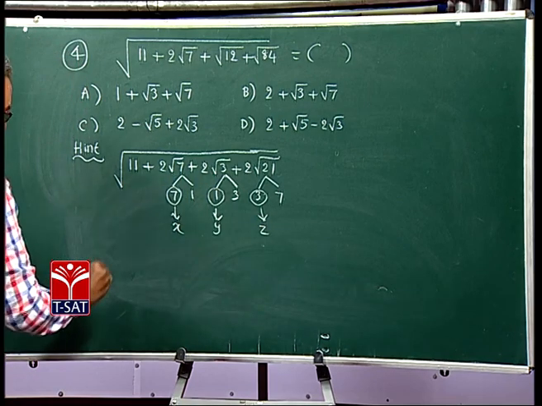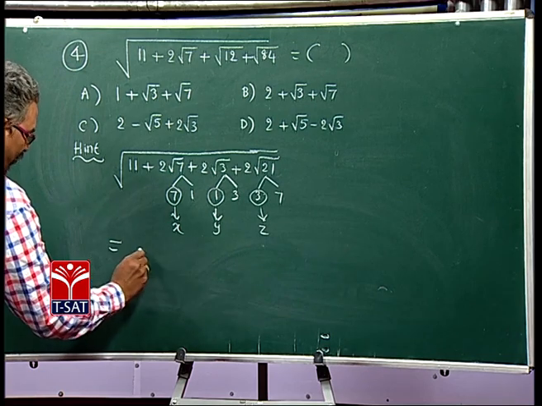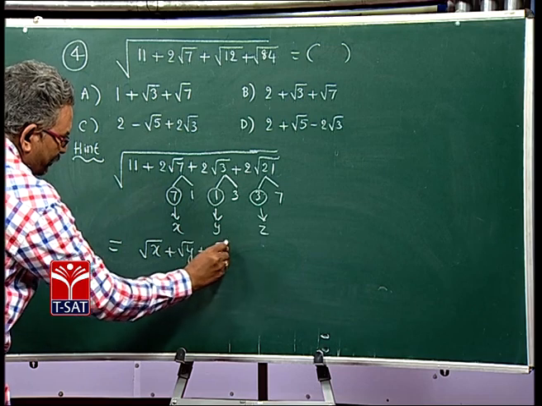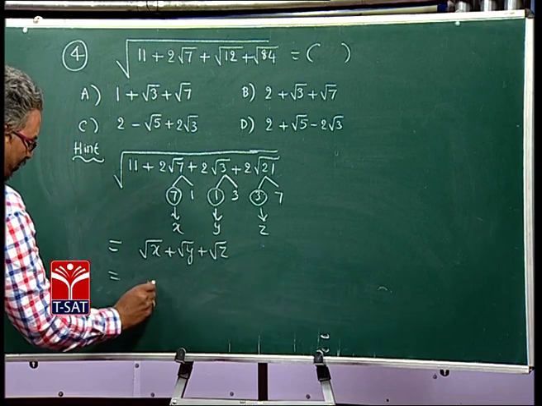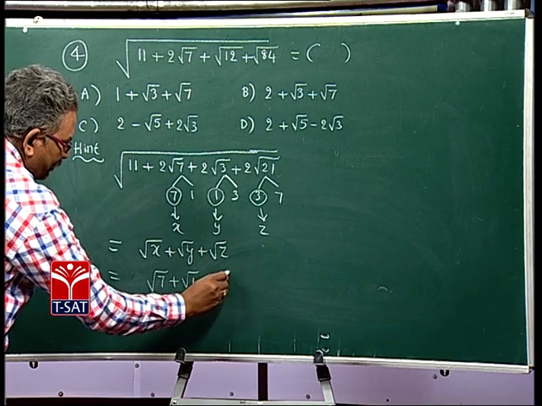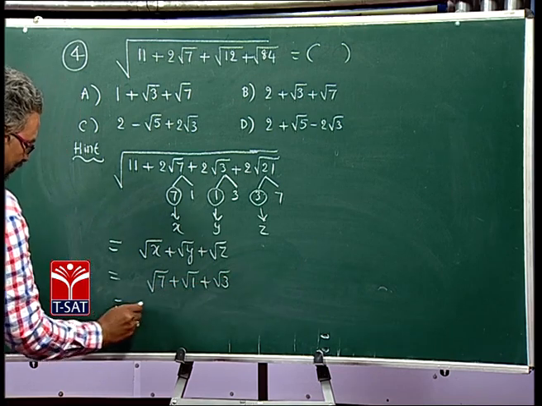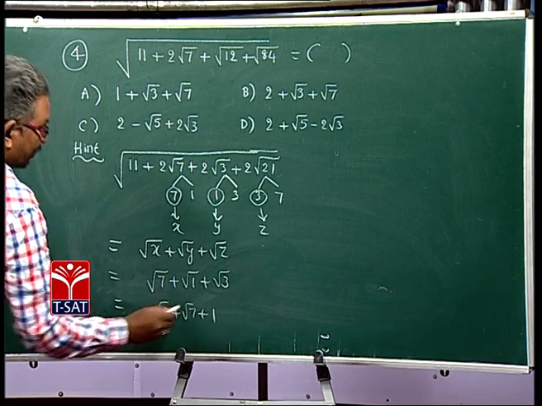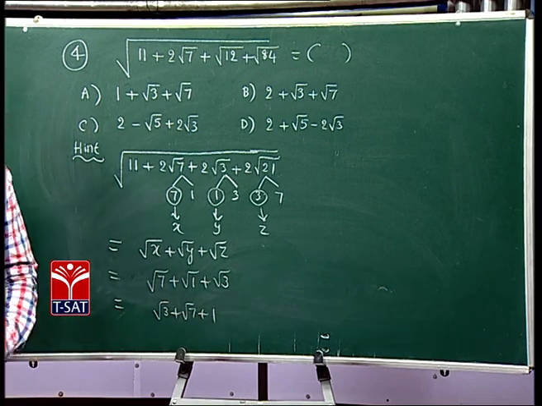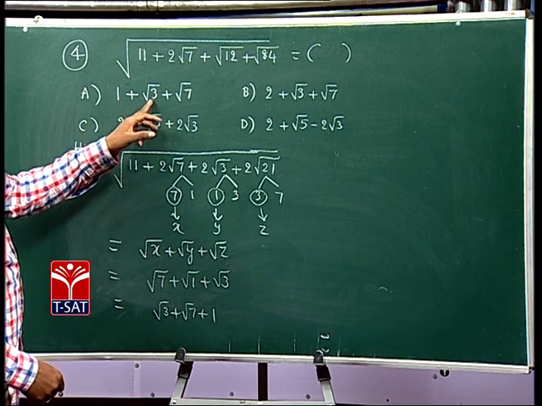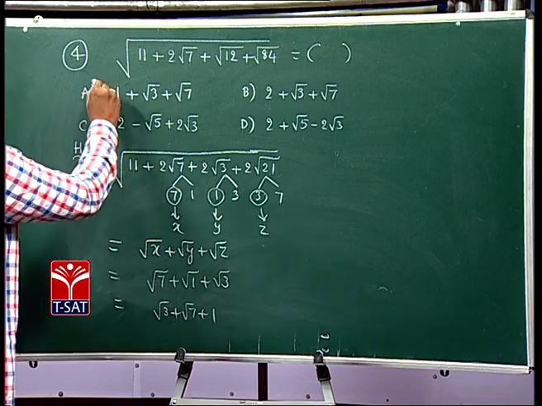So here answer is very simple, root x plus root y plus root z. So now root 7 plus root 1 plus root 3. This is root 3 plus root 7 plus 1. Order may be different. So 1 plus root 3 plus root 7 is the right answer.